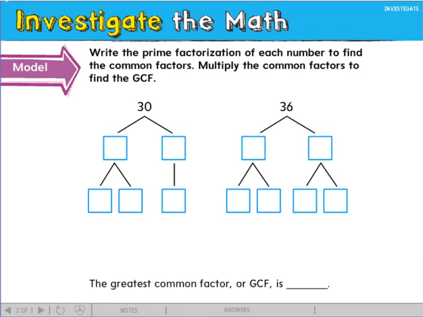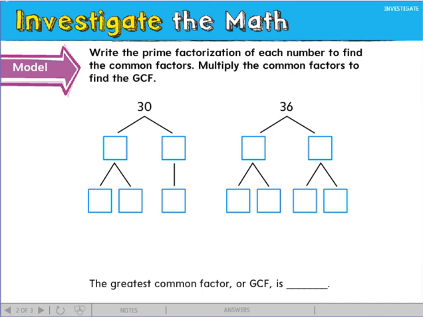Okay, today we're going to do some factoring. We're going to start by reviewing factor trees. Factor trees are something you did in 4th grade. How do you know when a leg of your factor tree is complete? When it's prime.